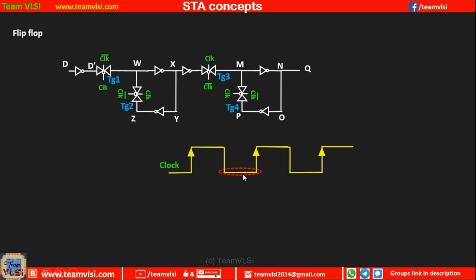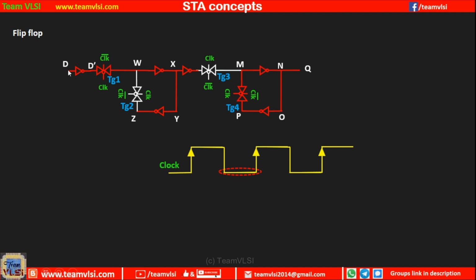So when the clock is low, see here, this transmission gate 1 is going to be active because the low is going to this PMOS, and similarly TG4, where the low signal is going to this PMOS. So TG1 and TG4 are active, whereas TG2 and TG3 are in the off state. So only these red paths are active.